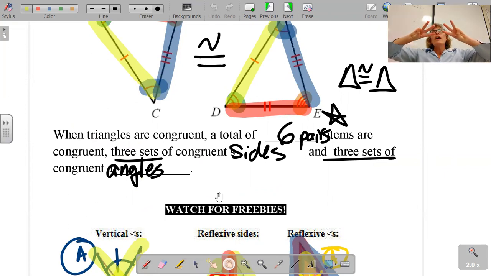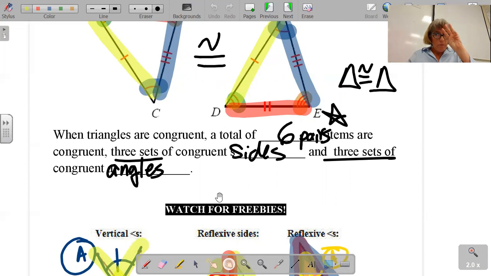Instead of having to have a total of 6 items equal for triangles to be congruent, we're only going to go down to 3. So it's a specific combination of sides and or angles that says if only these 3 things are congruent, then everything else has to be congruent. It's a shortcut. It's a minimal shortcut.